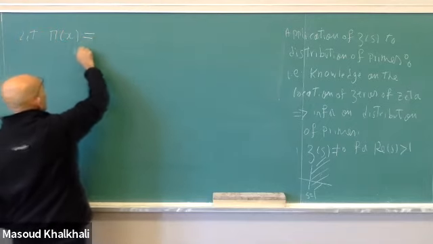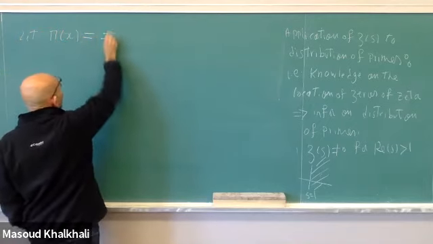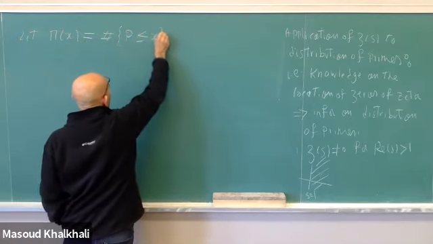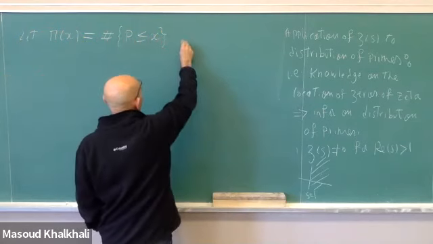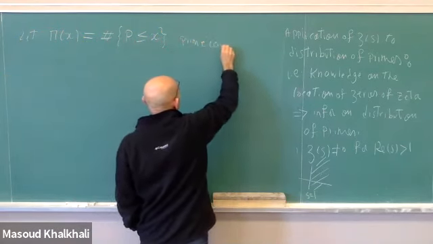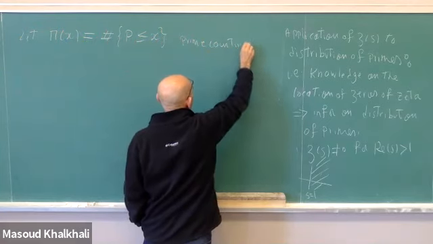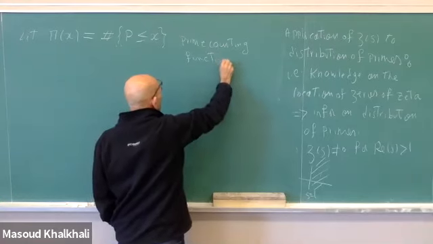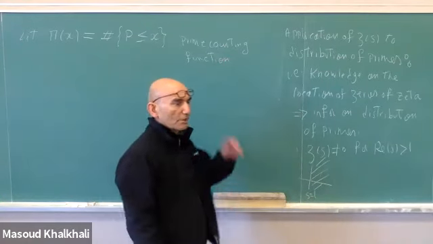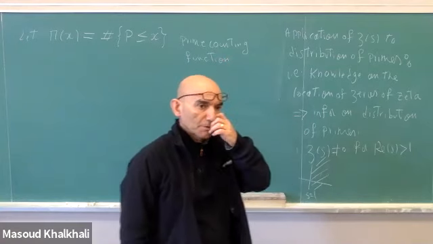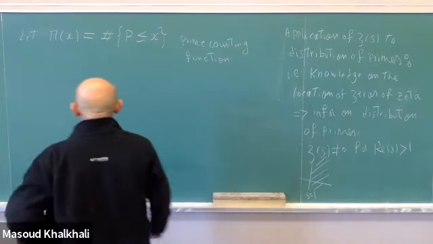Let's define this function to be equal to the number of primes less than or equal to x. So this is this famous prime counting function, right? Like this was like N of lambda in the spectral geometry, the eigenvalue counting function. So let's look at this.